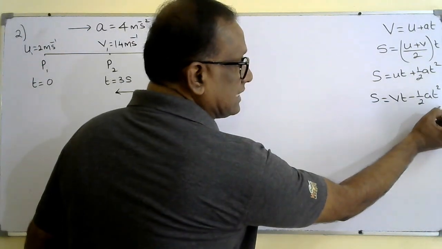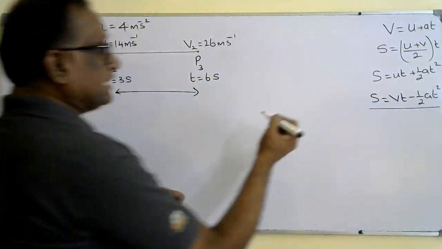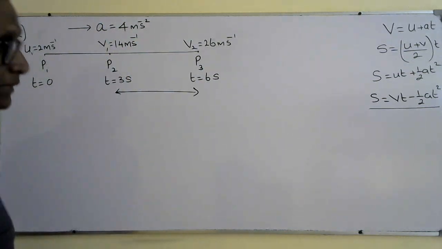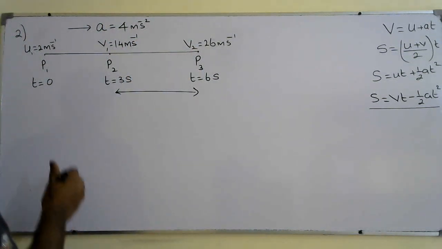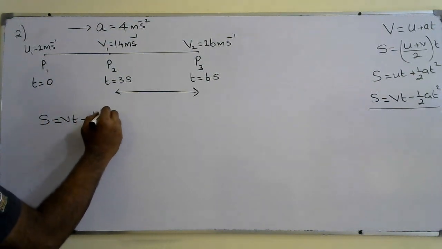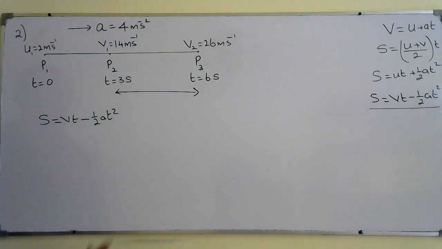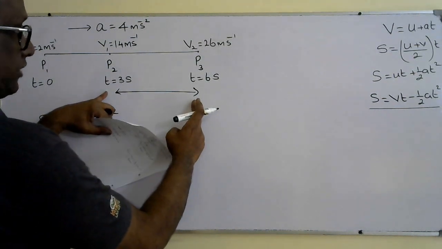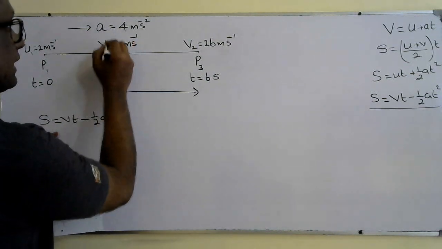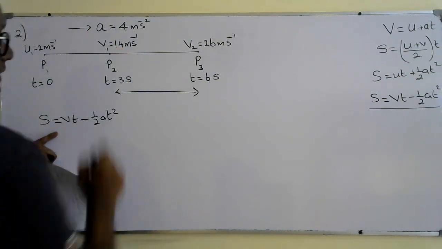I can use this equation, s equals vt minus half at squared, even when I don't know the speed at 3 seconds.